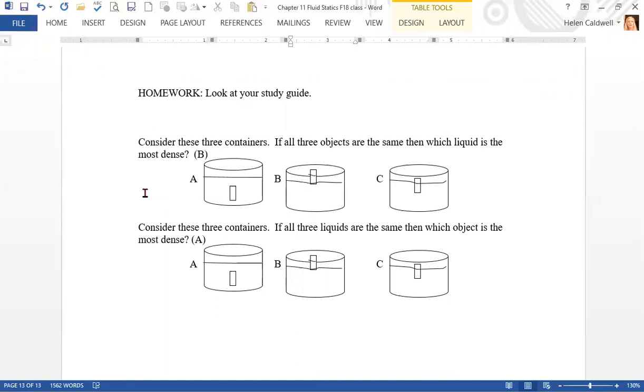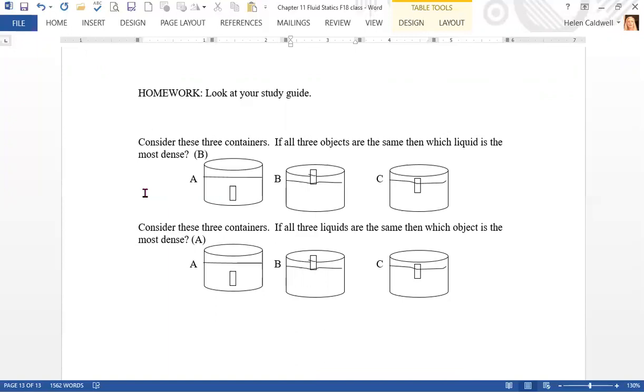So the water is very dense and it pushes you up. So in this diagram, container B, in the middle, is the one where the liquid is the most dense because the object is floating the highest.